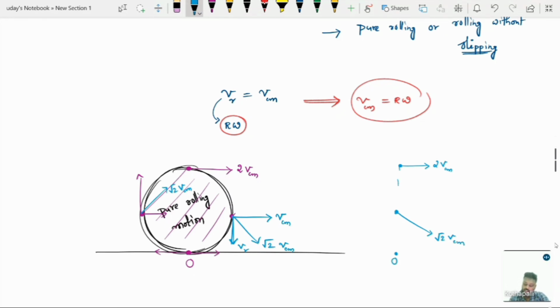So the velocity of points on a rolling body, from the topmost point to the bottom, decreases in magnitude. The topmost has 2 VCM, at the midway it is root 2 times of VCM, and the bottommost point, the point of contact, is 0. You can see diagrams like this in many reference books, like H.C. Verma and D.C. Pandey.